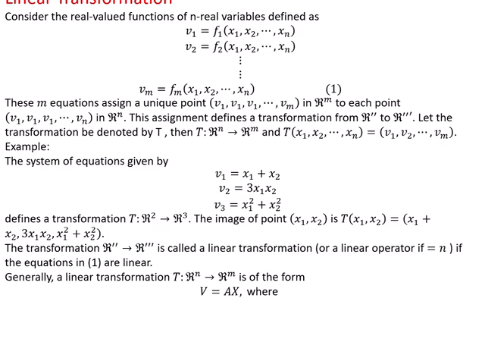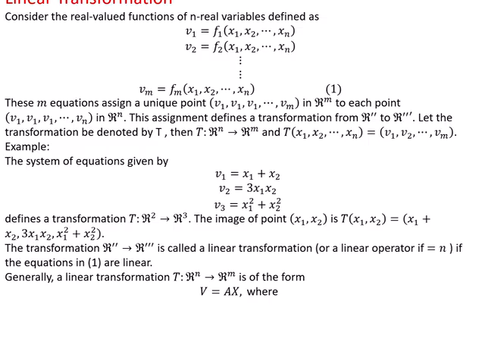So the image of points x1, x2 is C of x1, x2. We have two inputs now, x1 and x2.